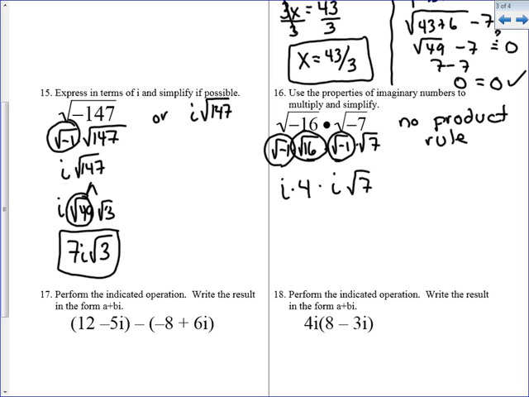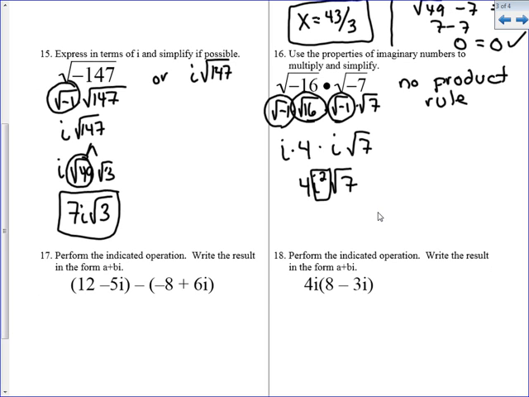So I have 4 times i is 4i squared times the square root of 7. And we never ever leave i squared in a final answer. I can replace i squared with a negative 1 and multiply it by my 4. So I have negative 4 square root 7.